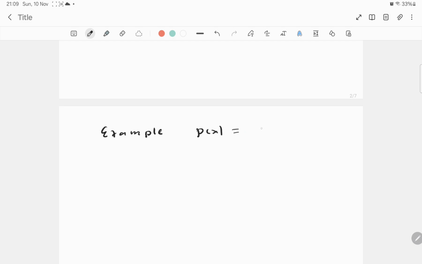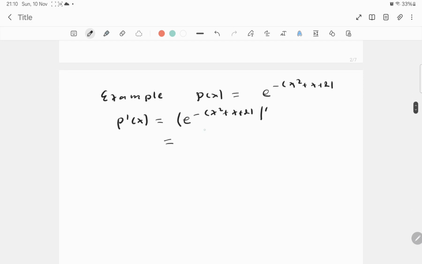P of x equals e to the power of minus, brackets, x squared plus x plus 1. P prime of x: I want to compute the derivative of this function. The derivative of the exponential is the exponential, so I rewrite this part, times the derivative of the power, minus x squared plus x plus 1.